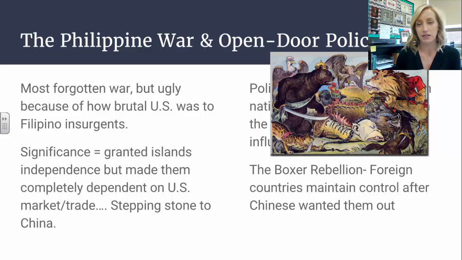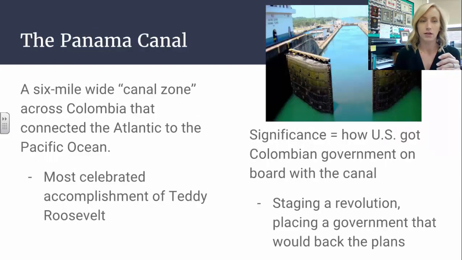But the significance being that foreign countries maintained control even though the Chinese wanted them out, and other countries like Germany and England were then really on board with the open door policy and saying, yep, let's do it because we obviously need to get control of this situation. And then Russia and other countries kind of tagged along like, all right, fine.